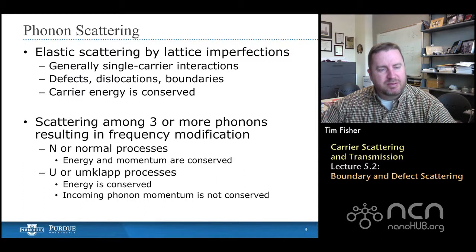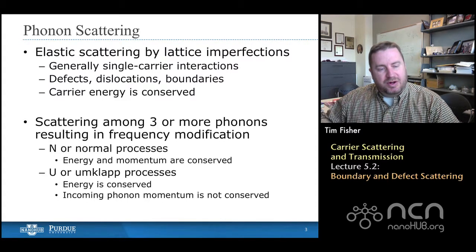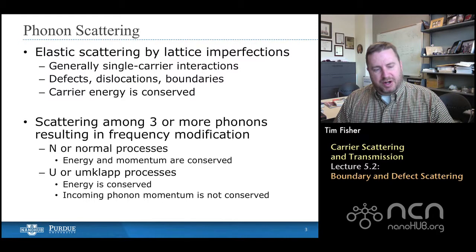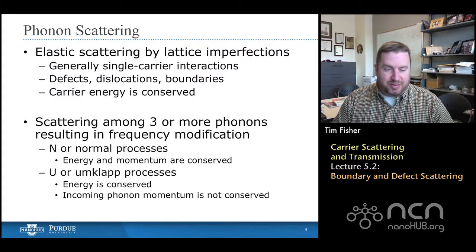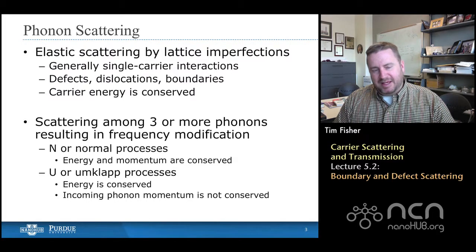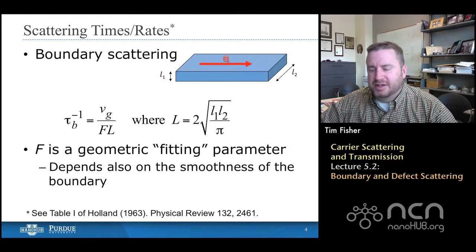There's a couple of different types. One of those is called a normal process in which both energy and momentum of all the phonons are conserved. And then there's something called Umklapp or U processes, where energy is conserved, as I said before, it better be. We have a law for that. But something odd happens to the phonon momentum. We'll talk about that in the next lecture.